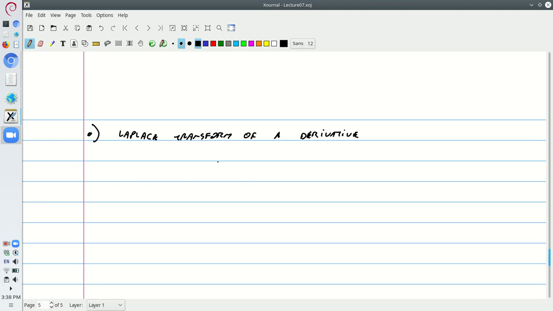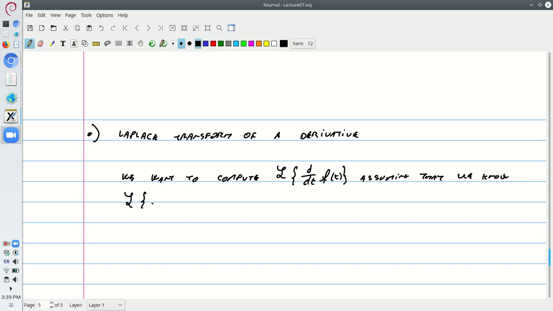So let's assume that we know the Laplace transform of f of t, that is given by capital F of s, and we want to compute the Laplace transform of the derivative of f of t.